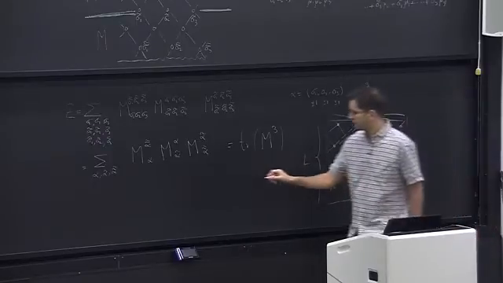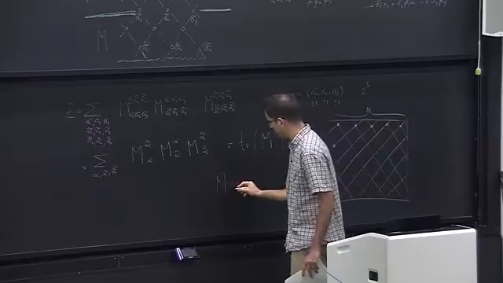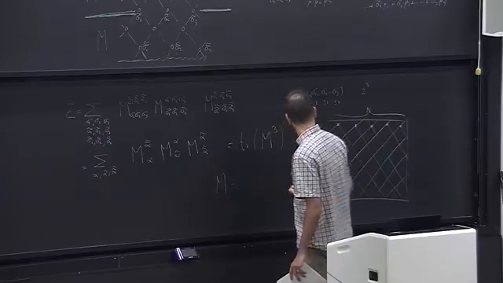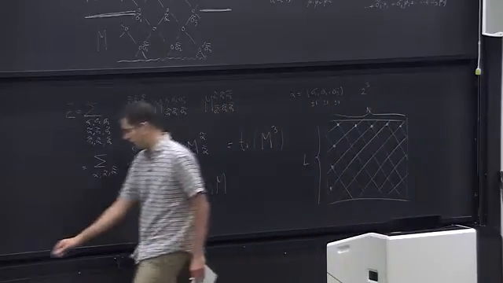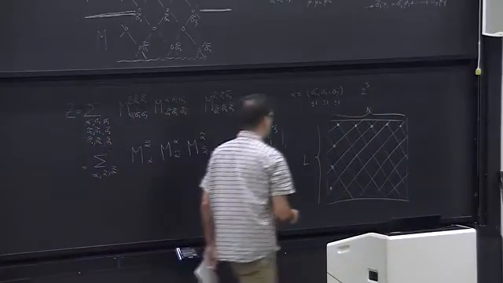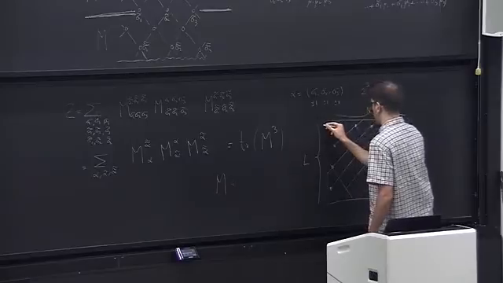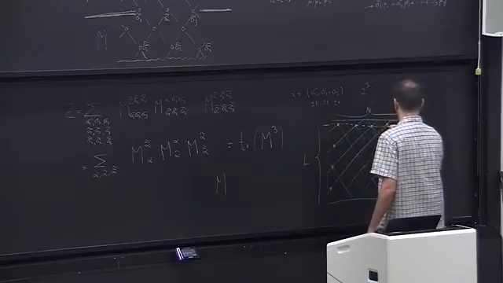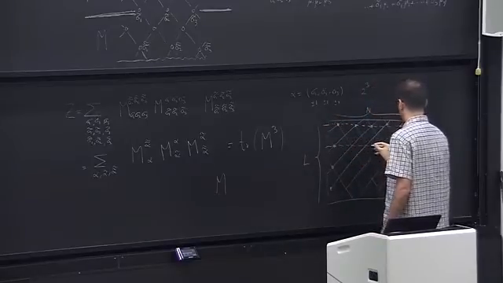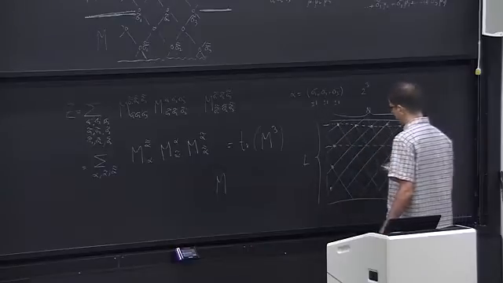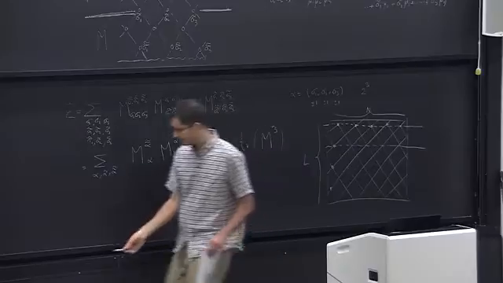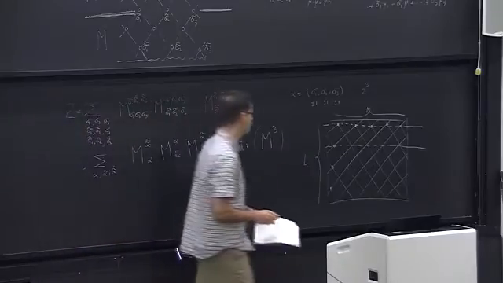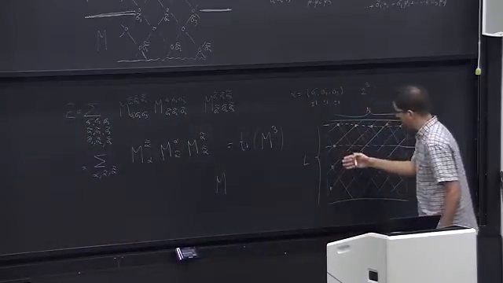Then our matrix M, the transfer matrix M, is going to correspond, roughly speaking, to this part of the partition function. And we'll have L copies of it.